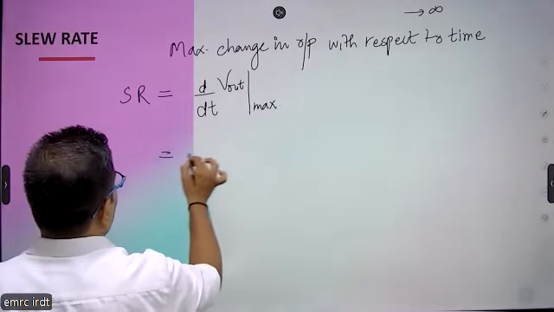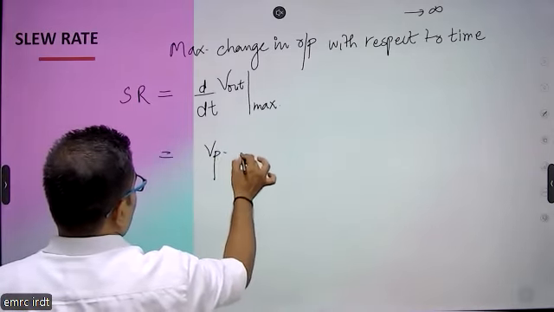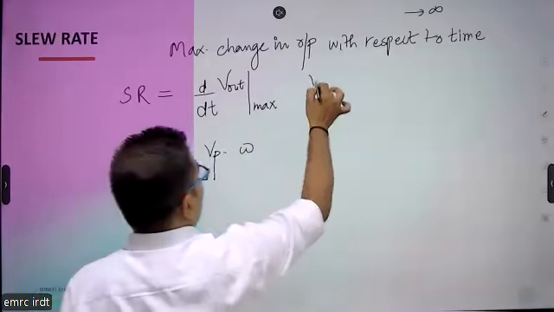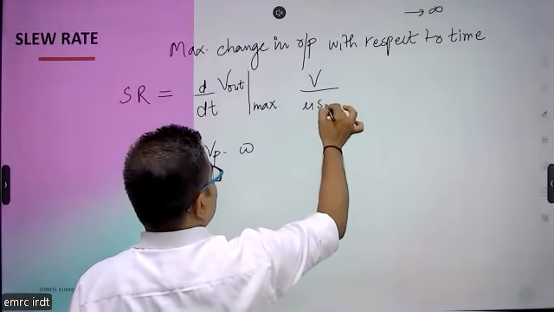We can write it as Vp into W, and the unit is volt per microsecond.